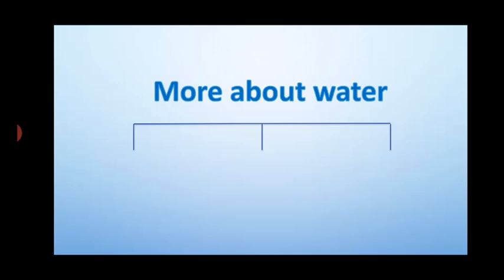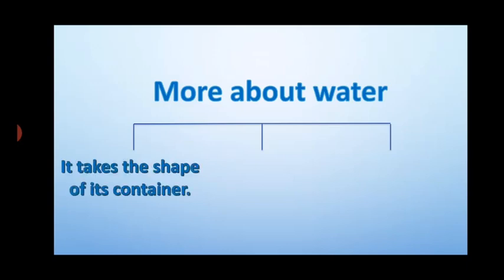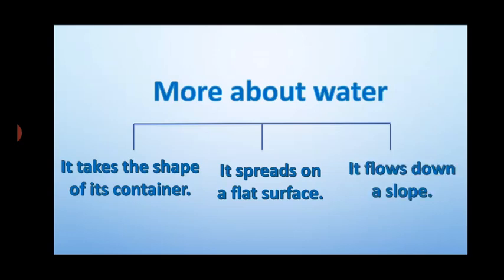And after that, we also learnt about the next few qualities of water: water takes the shape of its container and it spreads on a flat surface, and we also saw that water flows down a slope.